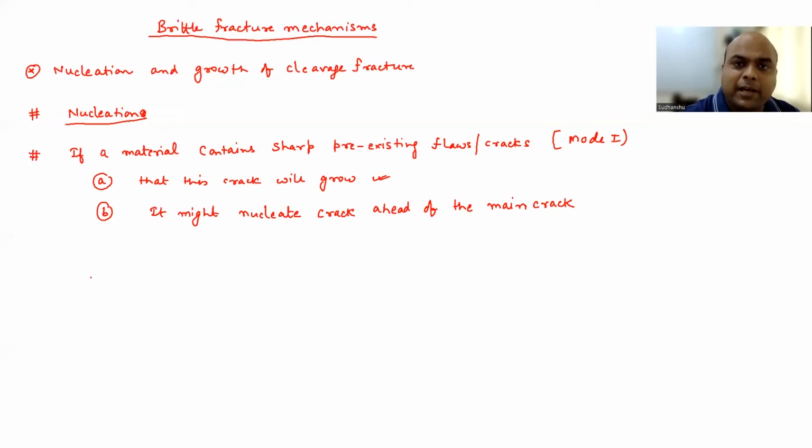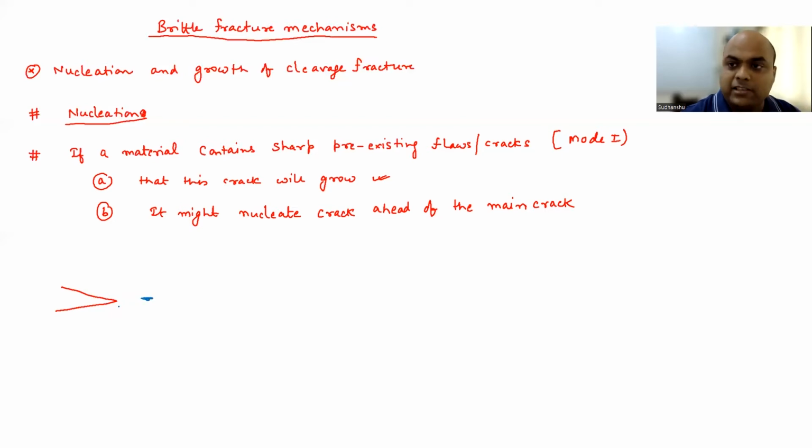Second, the example I'm going to give you is with respect to steel. Okay. So let us have a crack here. So it's a pre-existing crack. So the first point says that this crack can itself grow and it can lead to the cleavage fracture. Second, you can have a main crack, and then you are going to generate another crack in front of it. So something like this.